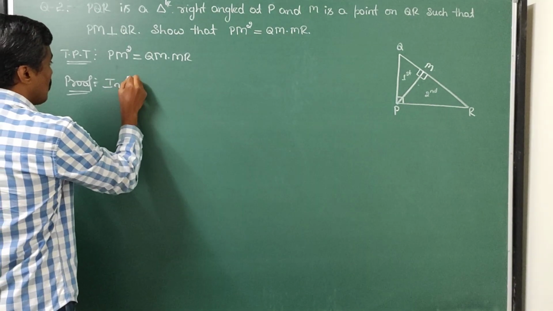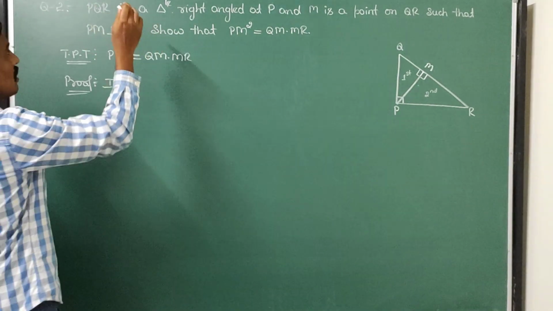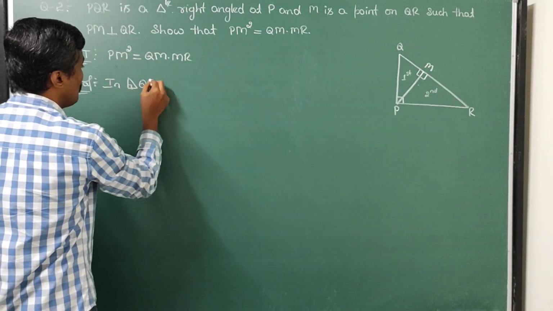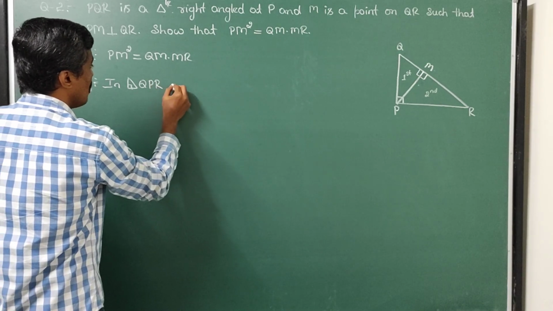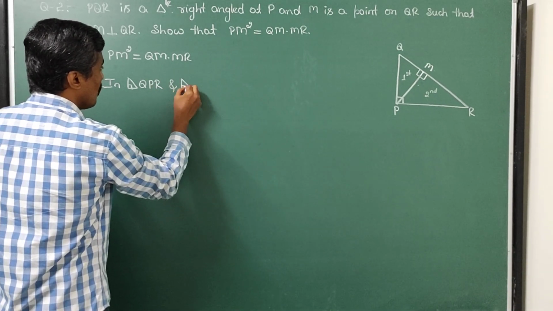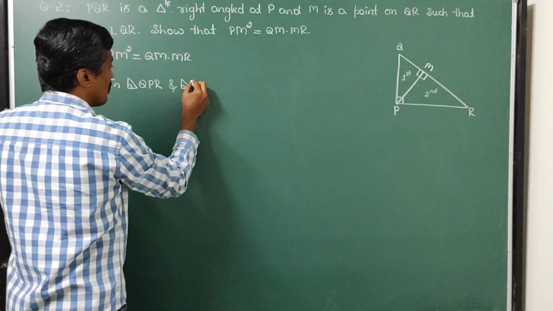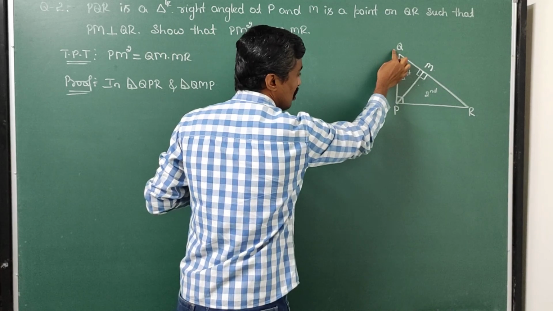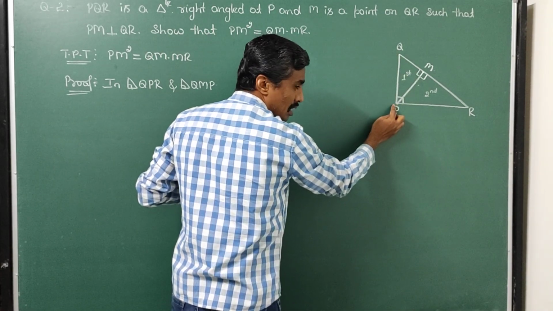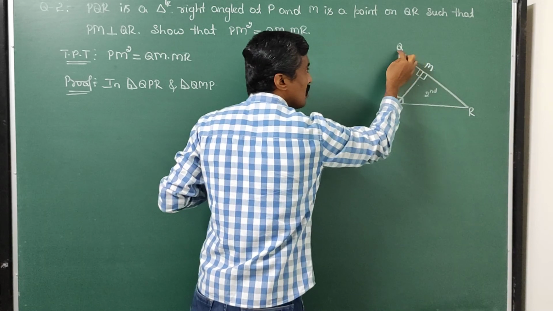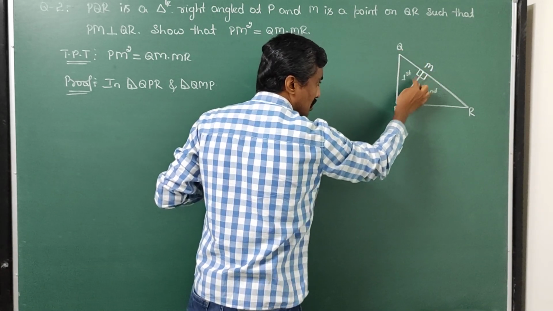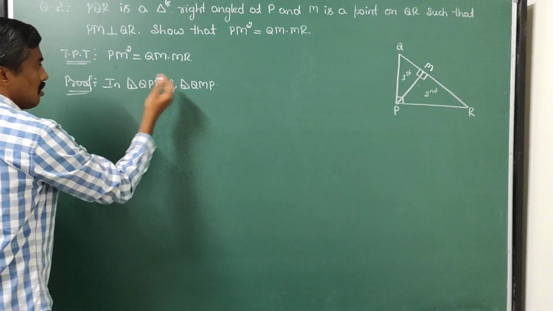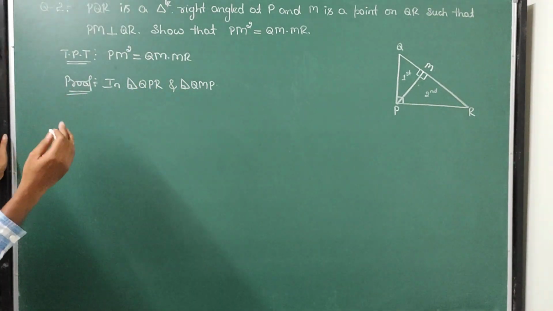I'll take the original triangle that they provided, right angle triangle QPR, and triangle QMP, the first part. Starting from Q to the right angle P, then R. Similarly, from Q to the right angle M, and then to the point P in the first part. So now let me prove that these two triangles are similar.